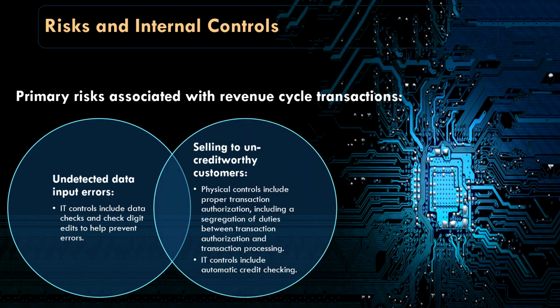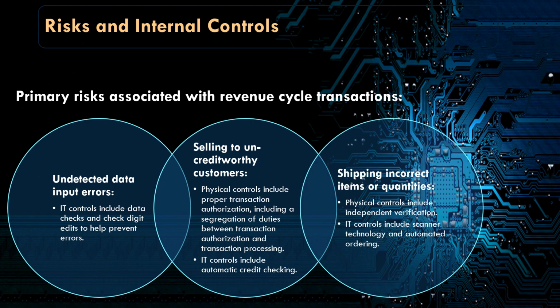Then we have selling to uncreditworthy customers. We have physical controls and IT controls, which we will explain shortly in the next slide. And then we have shipping incorrect items or quantities.